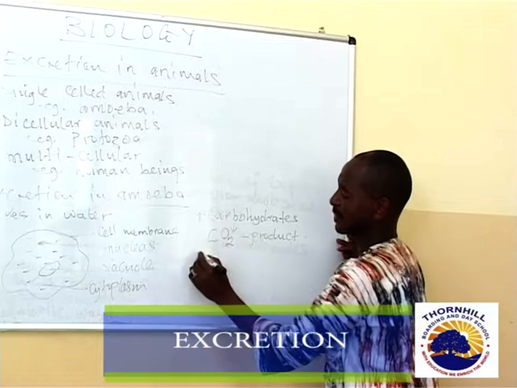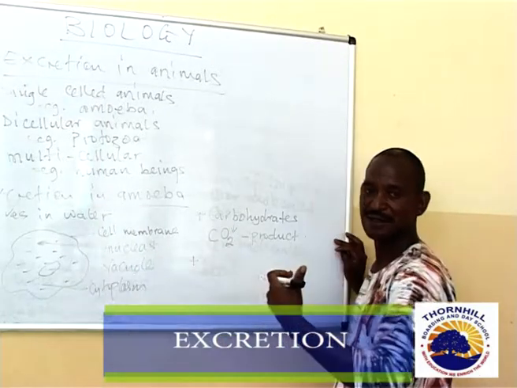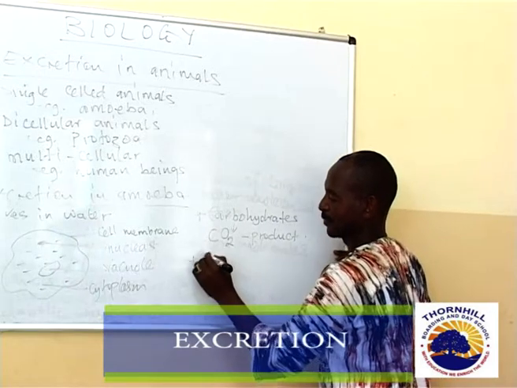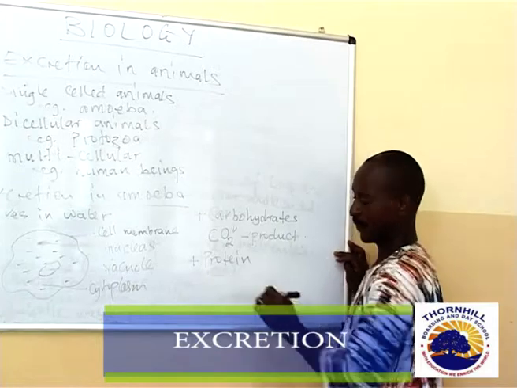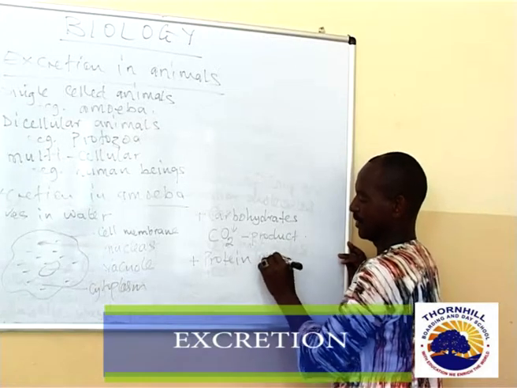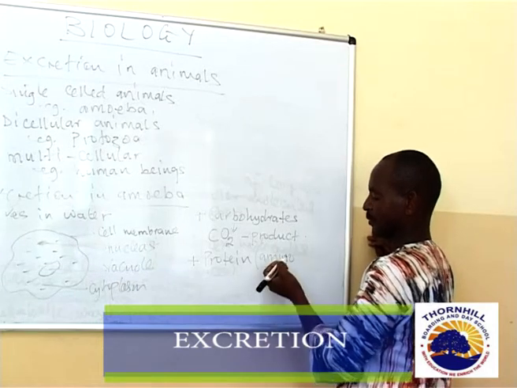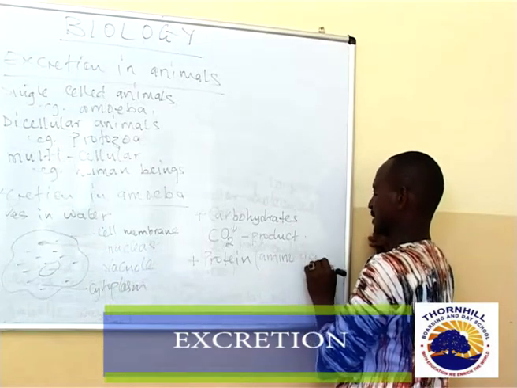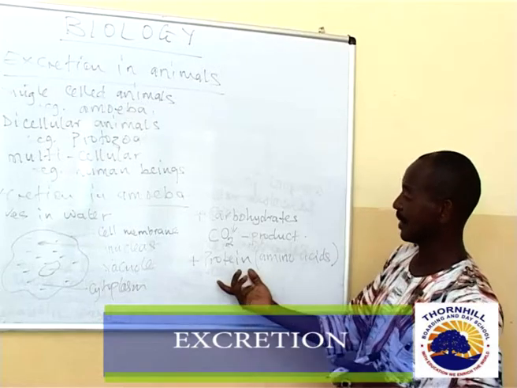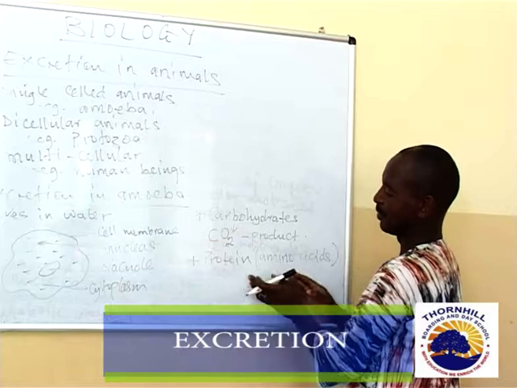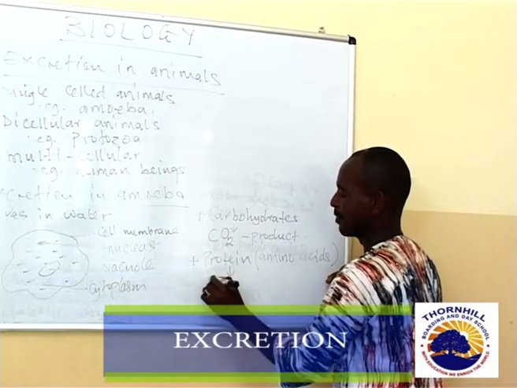Apart from carbohydrates, the amoeba also finds in its environment the proteins, which are catabolically broken down to produce amino acids. And when these are reacted upon by the enzymes in the amoeba, they produce ammonia.